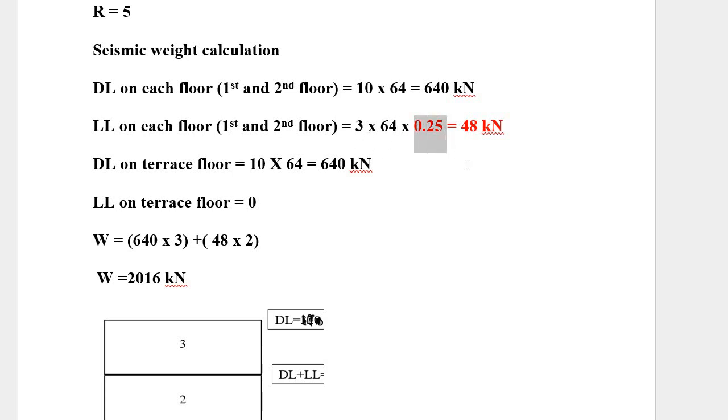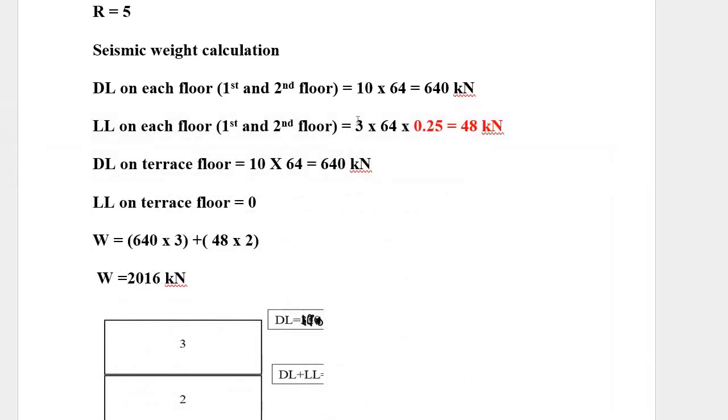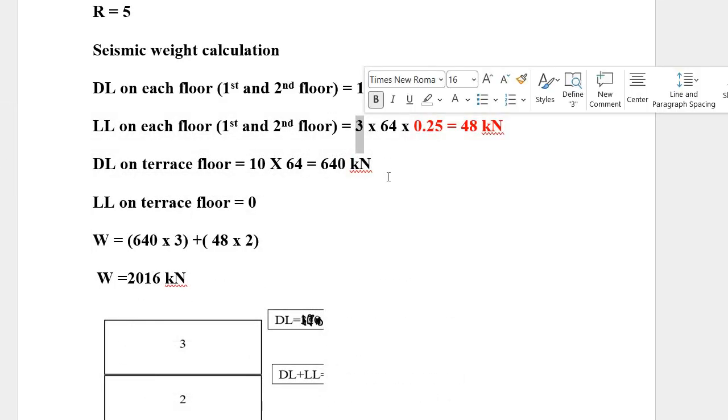Then what is this 0.25? That is an imposed load which is taken from the code book. Refer to page 24 and table 8. Here we have two conditions. According to our problem, the live load value is 3.